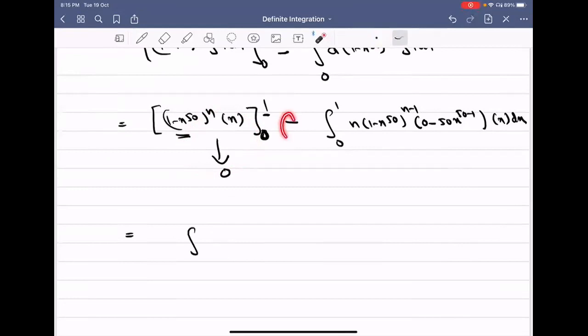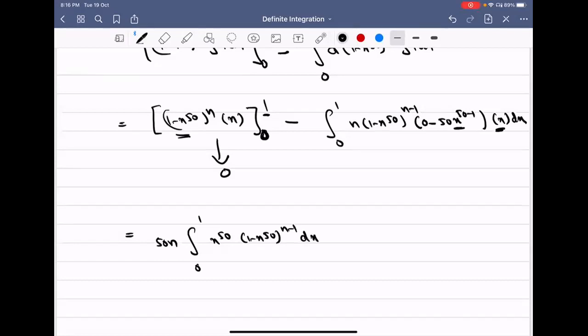Write 50n outside: 50n into the integration of 0 to 1 of x power 49 into x, which is x power 50, into (1 minus x power 50) whole power n minus 1 dx.